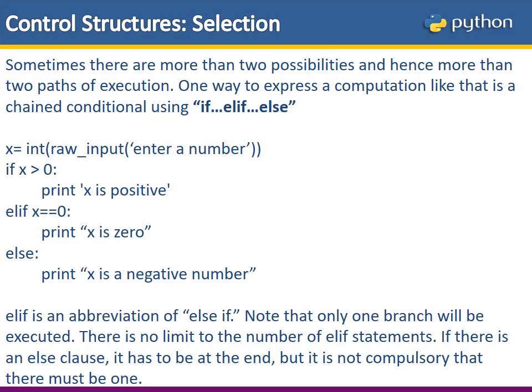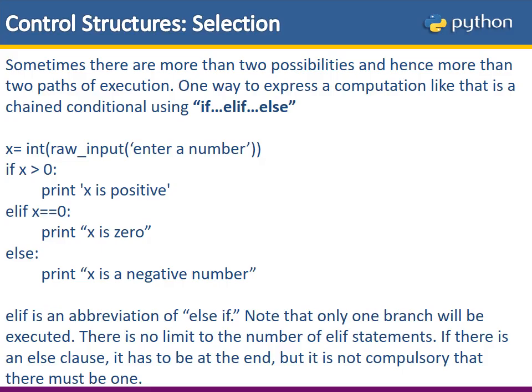We have the same example: the variable s equals int, raw input, enter a number. The if statement condition: if s is greater than 0, print s is positive. That is the first condition, which is the if statement. Another form, the elif statement: if the variable s equals 0, print s is 0.